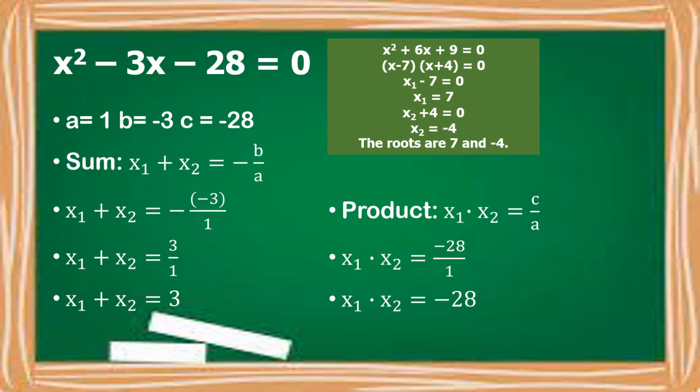So the sum of the roots means 7 plus negative 4, and that is positive 3. For the product of the roots, we have 7 times negative 4, and that is negative 28. So we were able to solve for the sum and the product of the roots without solving first for the roots of the equation.